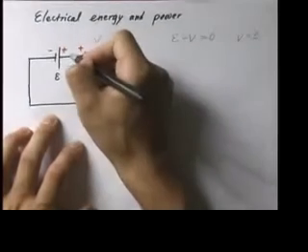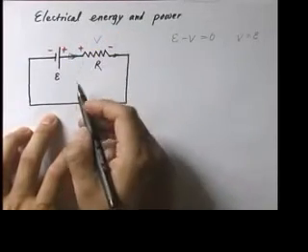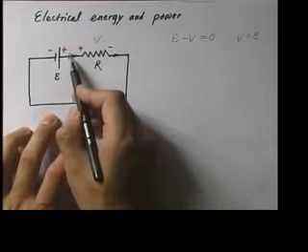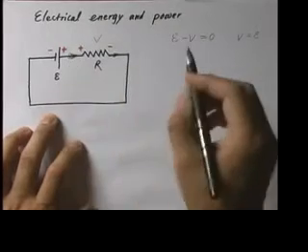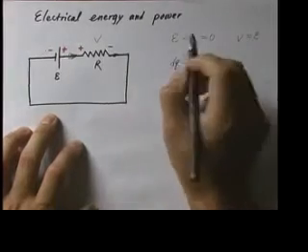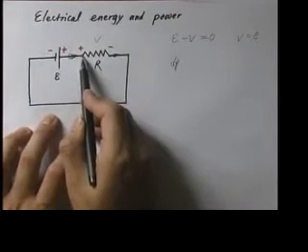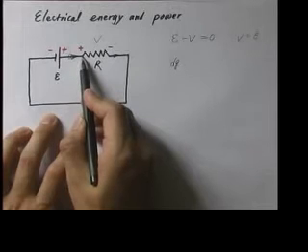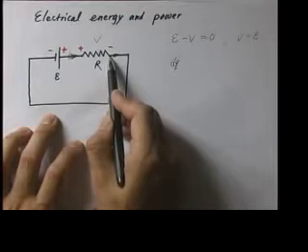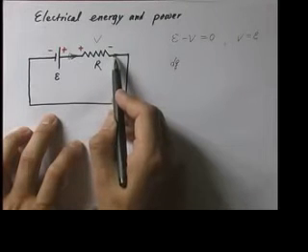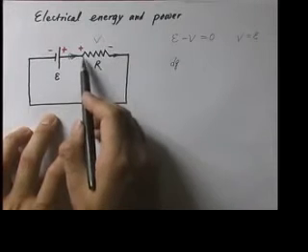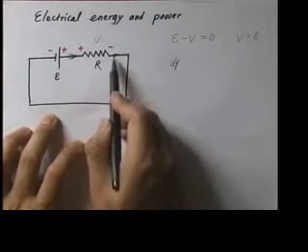Rather, we install a little cross-sectional area here, and we install a counter here, and we found over this little time interval dt, a certain amount of charge dq passed through that, so that's dq. So you say an amount of charge dq entered this side of the resistor, an equal amount went out from there. Effectively speaking, we transported an amount of charge dq from this potential to that potential.